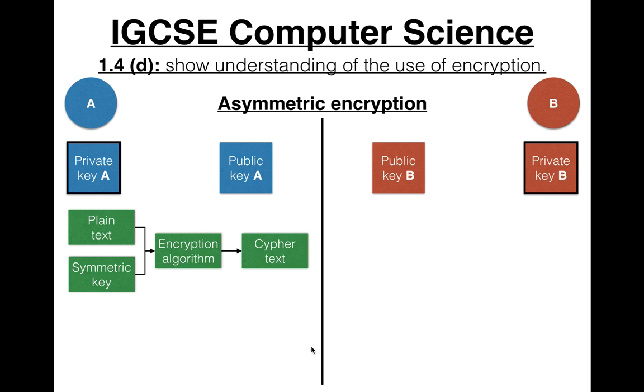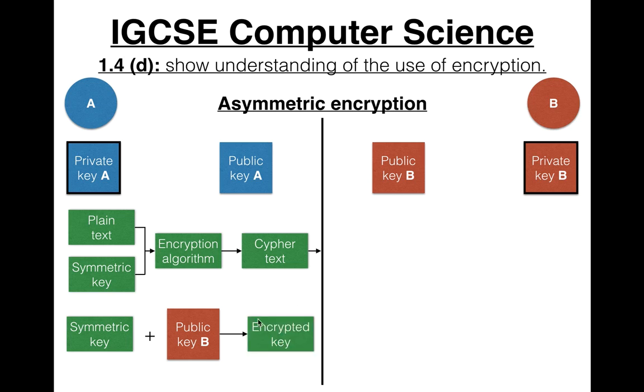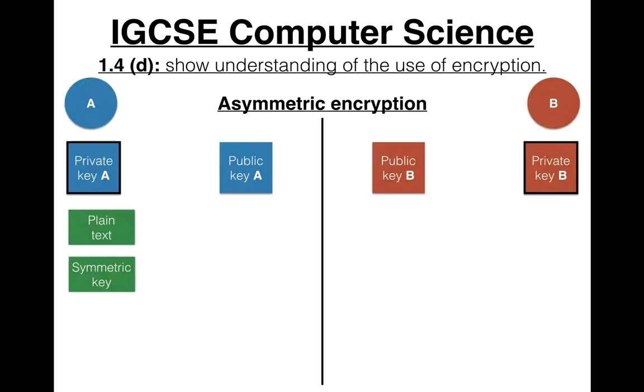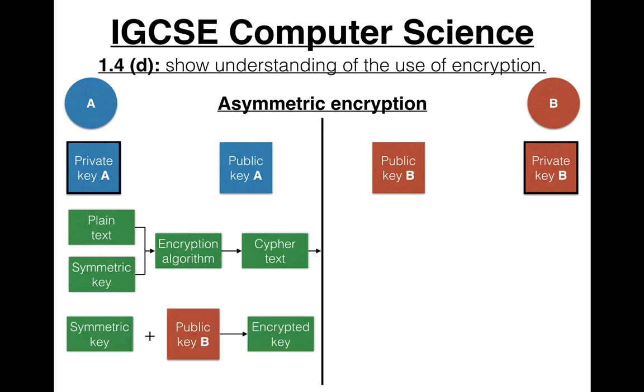What happens then is the ciphertext gets sent, but also the symmetric key gets encrypted by using public key B. So I know I should have done this, but I just wanted to make it clear that the symmetric key is encrypted by the key known to both A and B to produce the encrypted key. Sorry about that. It's the encrypted key, which is sent to B. So ciphertext and encrypted key are sent to B.